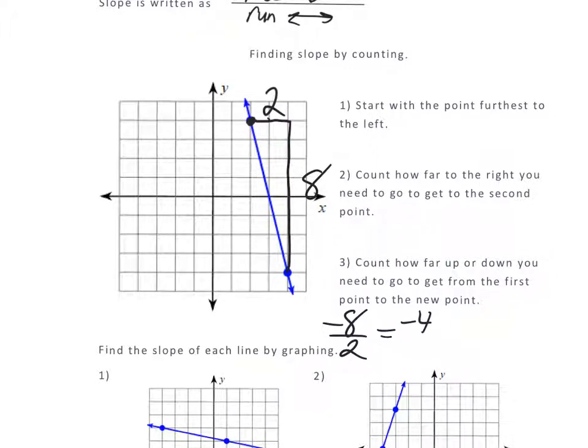So that's -4 over 1. So one thing I want you to remember, if it goes up, it's positive. If it goes down, you write it as negative. If it is left, it's negative. If it goes right, you write it as positive.